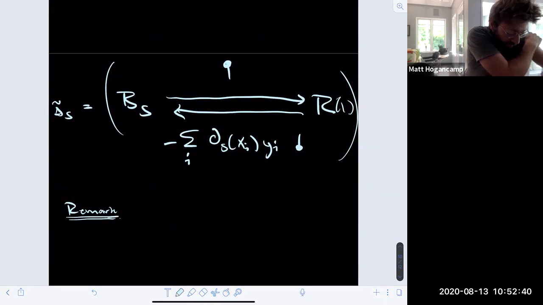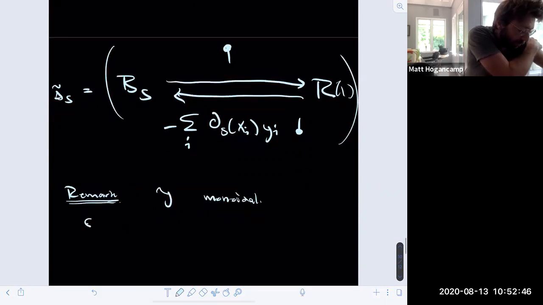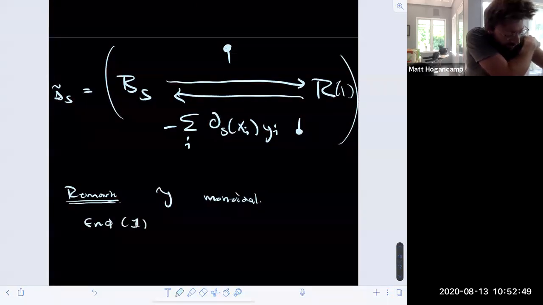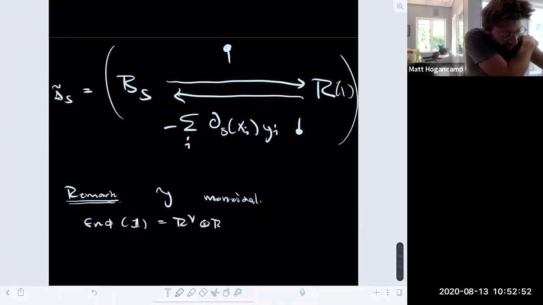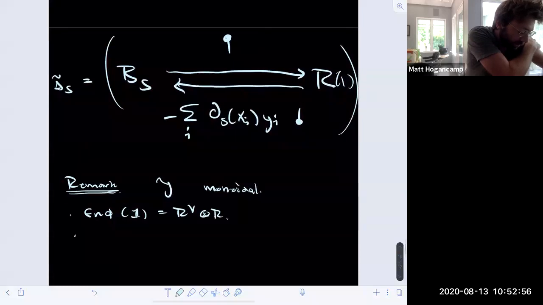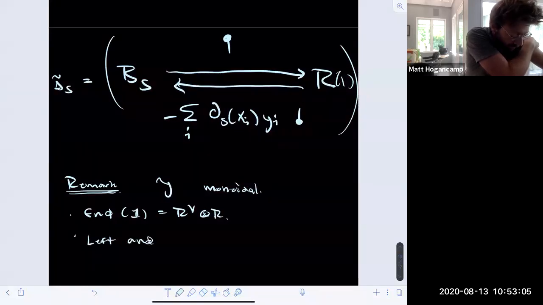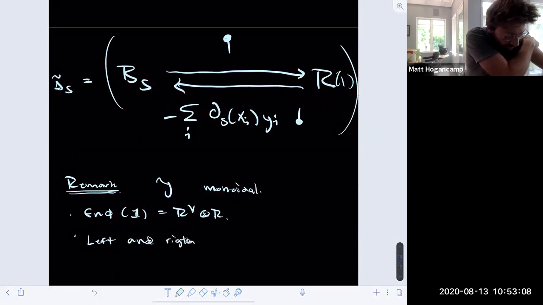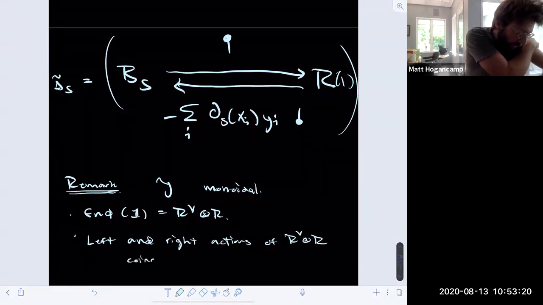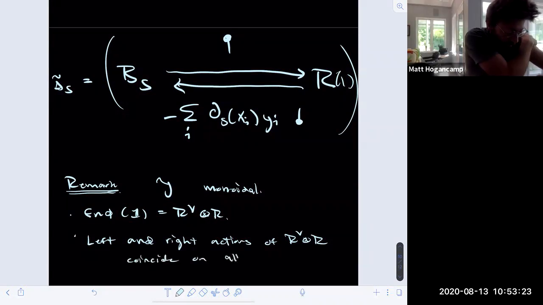So Y is monoidal, with the endomorphism ring of the identity being R check times R. And in fact, the left and right actions of this algebra coincide on every object in this category.